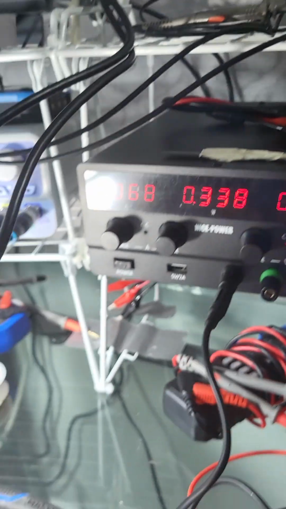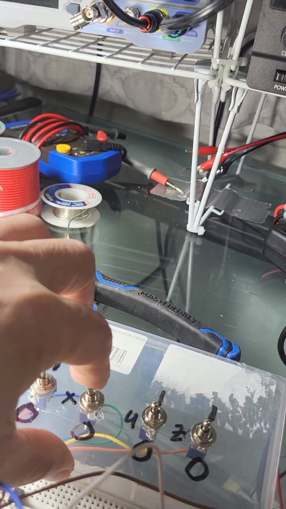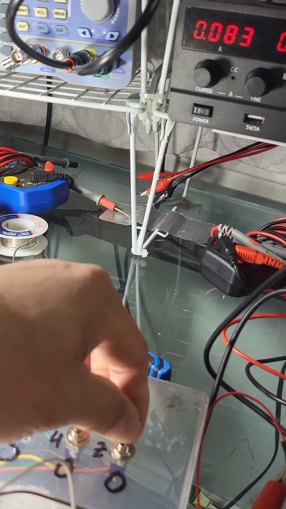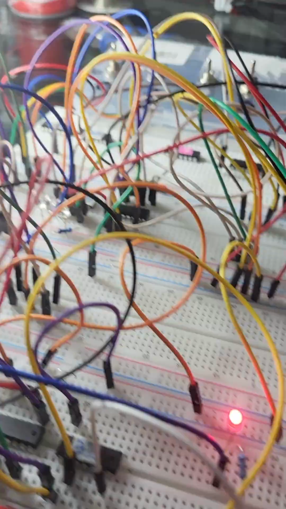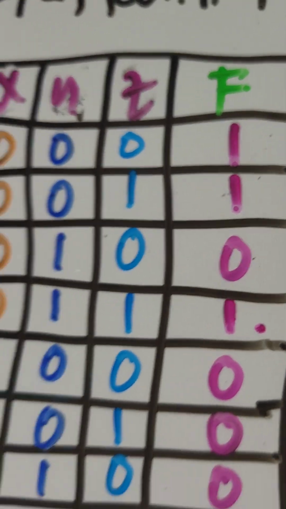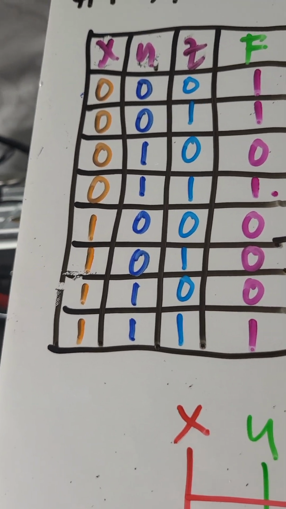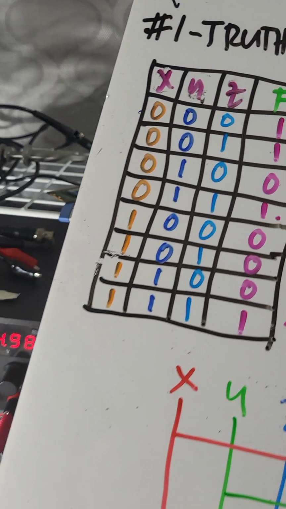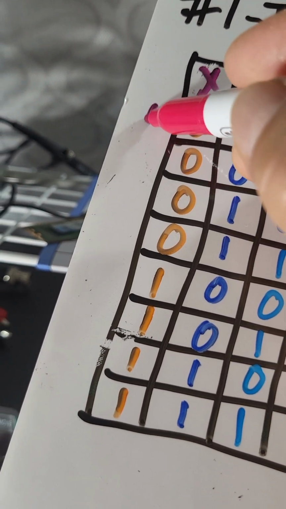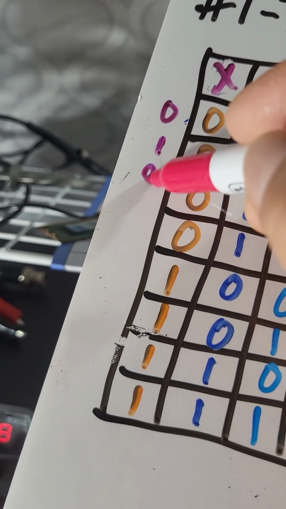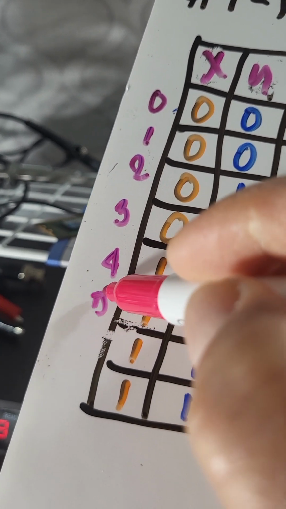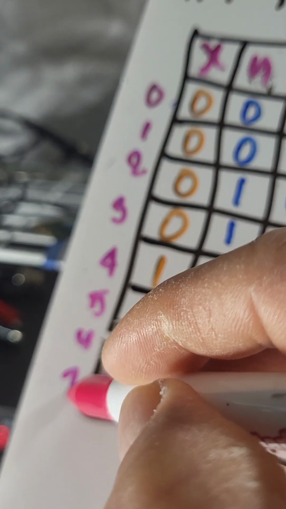So X is 0, Y is 0, Z is 1. No changes in the output, same, on. And for the third one, we put a decimal number here so that we will not get lost: 0, 1, 2, 3, 4, 5, 6, and 7.